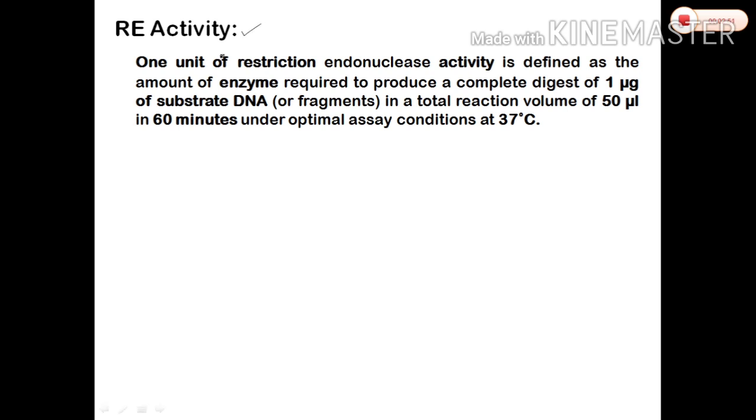So what is this activity actually? We measure it in units. One unit of restriction endonuclease activity is defined as the amount of enzyme required to produce a complete digestion of 1 microgram of substrate DNA in a total volume of 50 microliter in 1 hour, or 60 minutes, at 37 degrees centigrade.